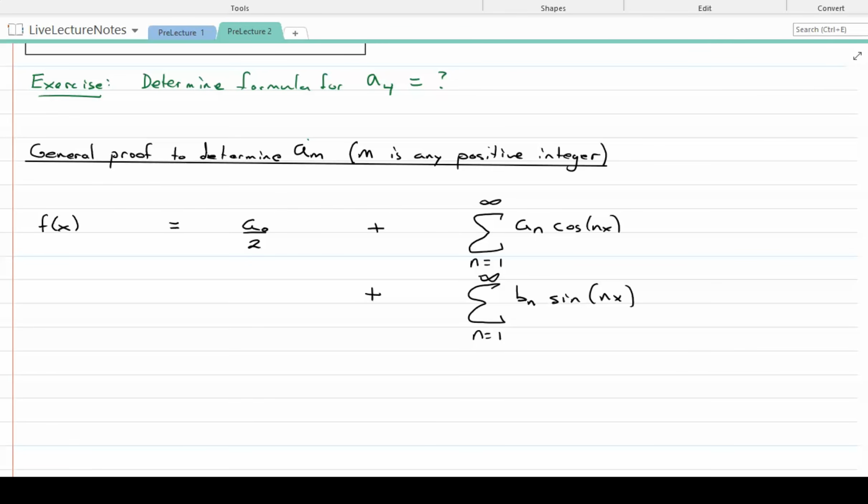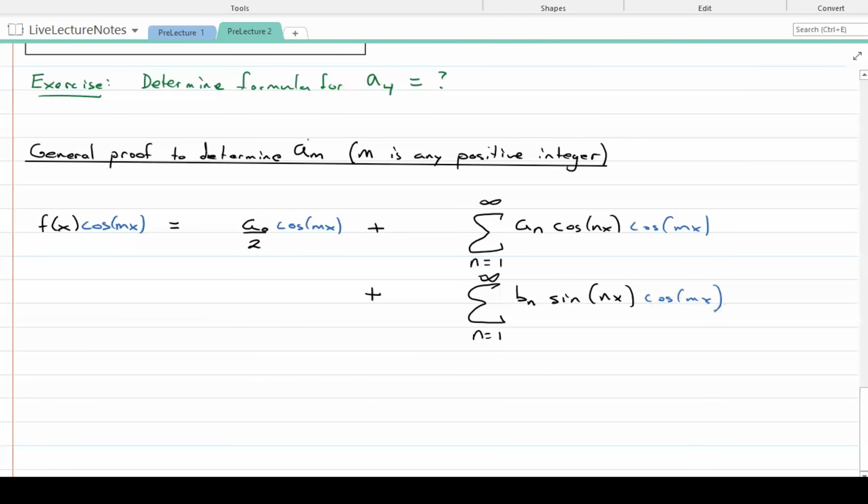Remember, m is a fixed value. It's different than n. N is summed over, so n changes value depending on which term I am in the sum. M is a fixed value, so I'm multiplying this by cosine of mx, and this by cosine of mx, and this by cosine of mx.